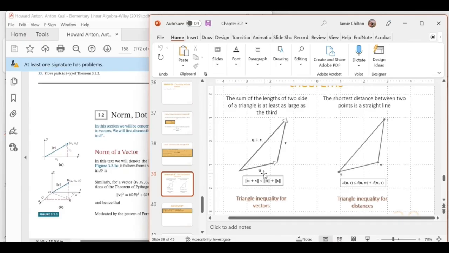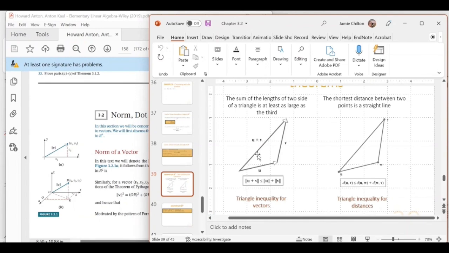When you describe it in terms of the norms, you would have this inequality: the norm of the sum U plus V is less than or equal to the norm of U plus the norm of V. They're also looking at this when talking about the shortest distance between two points, which easily translates there. So we'll have this same triangle inequality for distances.